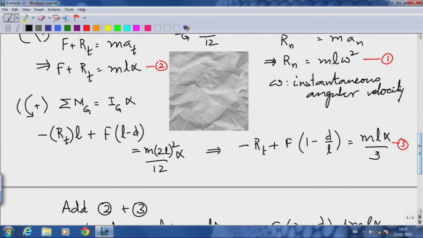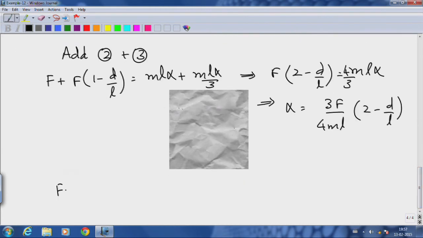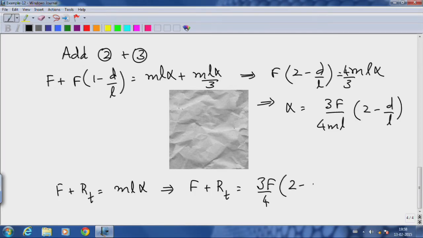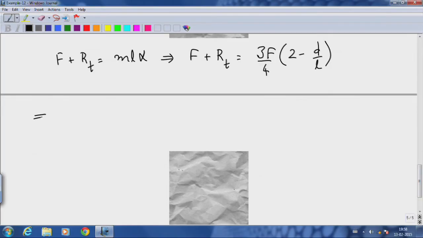I will take equation number 2 that says F plus R t equals m L alpha, which implies F plus R t equals 3 F over 4 times 2 minus d over L. Which implies R t equals 3 F over 4 times 2 minus d over L minus F.